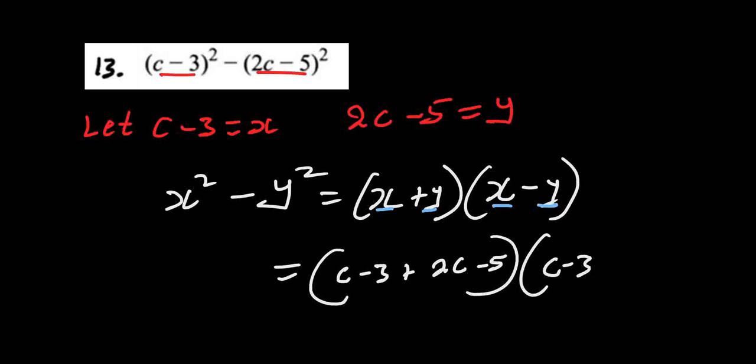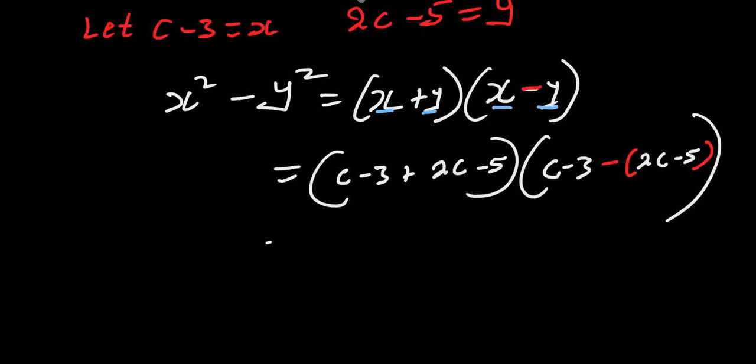Because we have a negative sign here, we are going to use a parenthesis here. So 2c minus 5. Good.